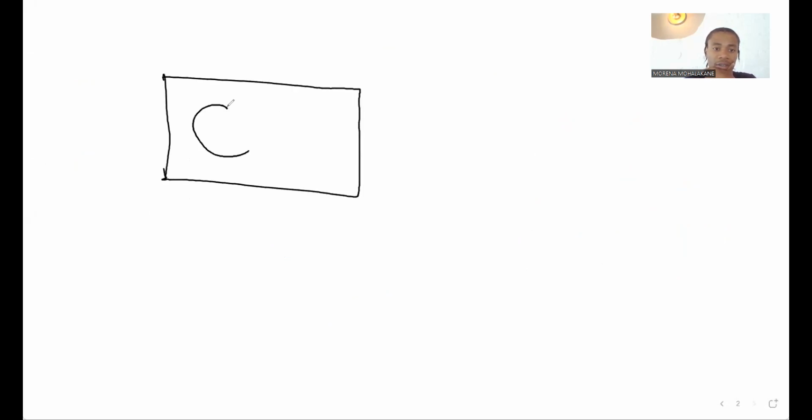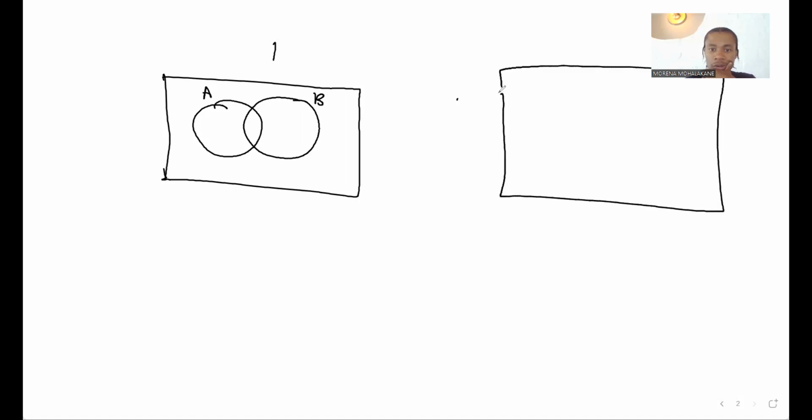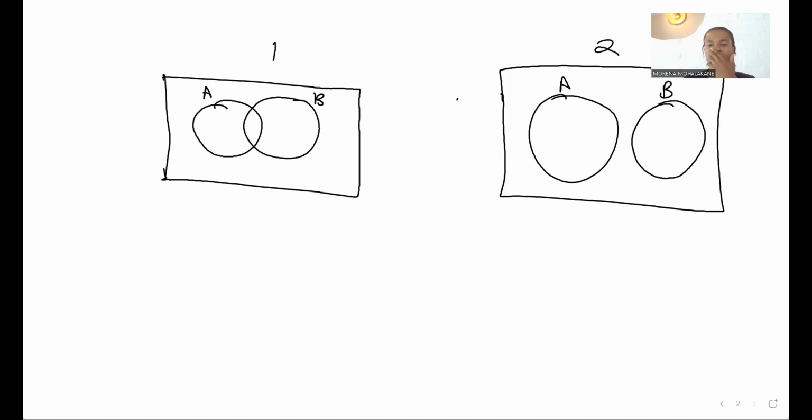I have different sets of Venn diagrams, right? Can I have a Venn diagram with two events, A versus B? I'm gonna have number one, and let's have number two. A, B, and that's number two there. So let's say you have 4, then you have 3 here, you have 2. So you have 7, and then you have 2, then you have 5.